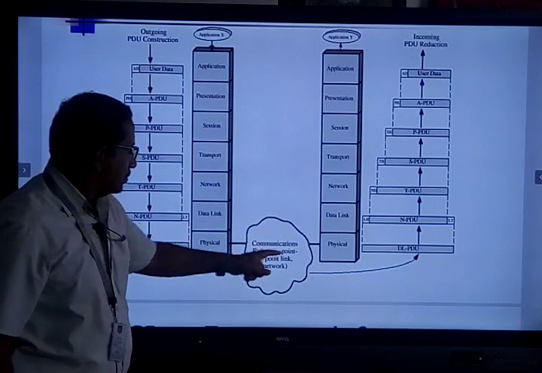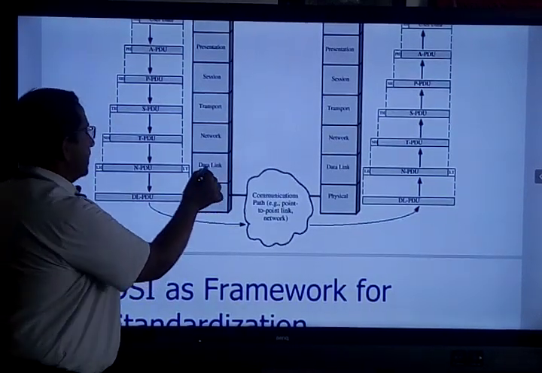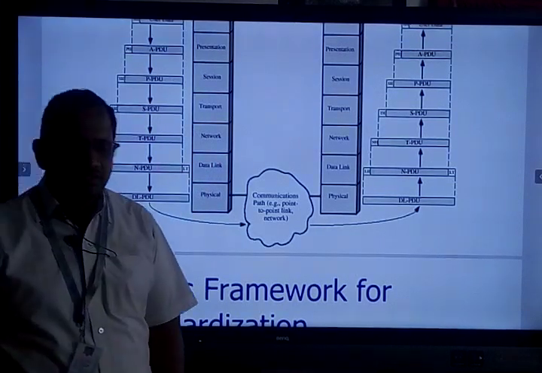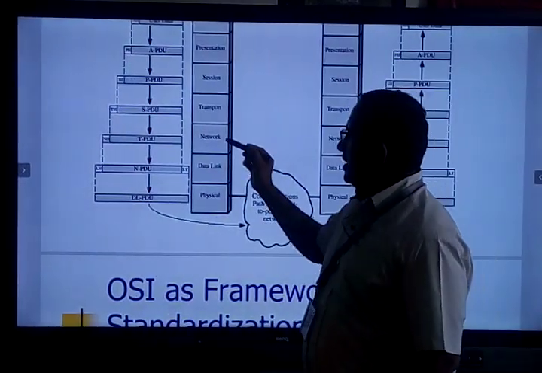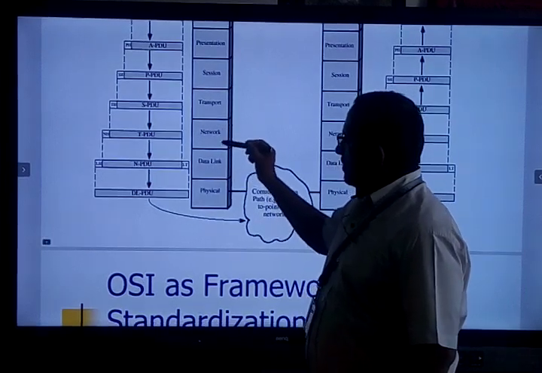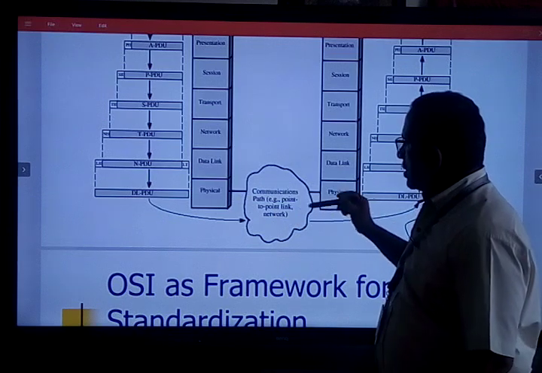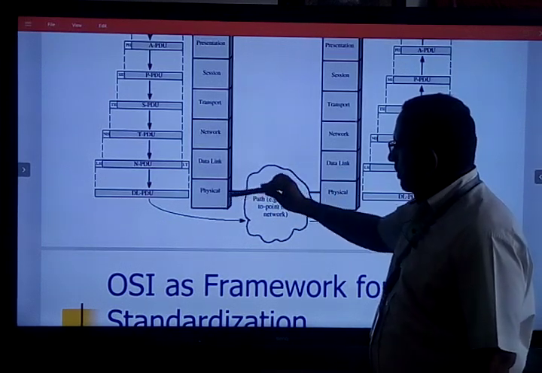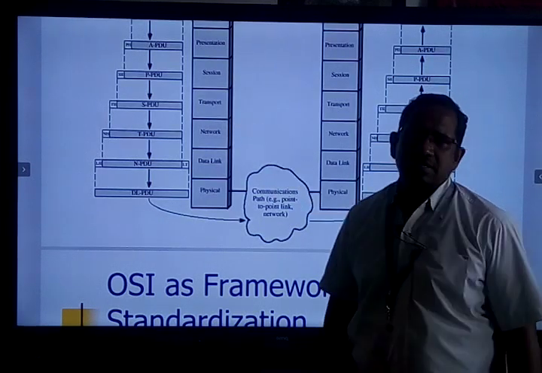The intermediate nodes are going to implement these 3 layers continuously: the physical layer, data link layer, and network layer. So in the OSI model, the network layer has to compulsorily be programmed for these 3 layers, so that the intermediate nodes are going to upgrade the information at these 3 layers.